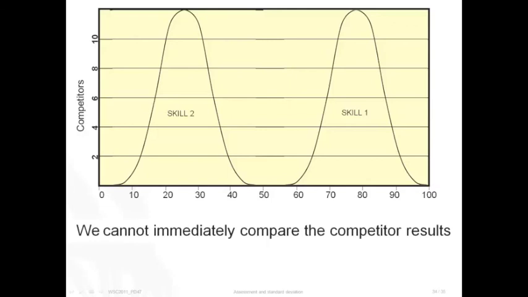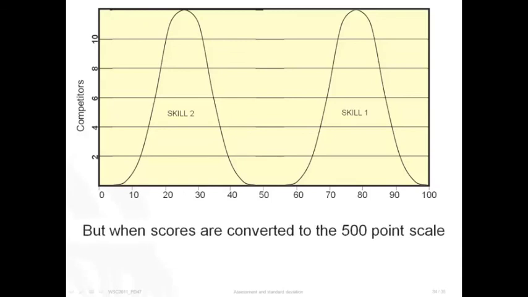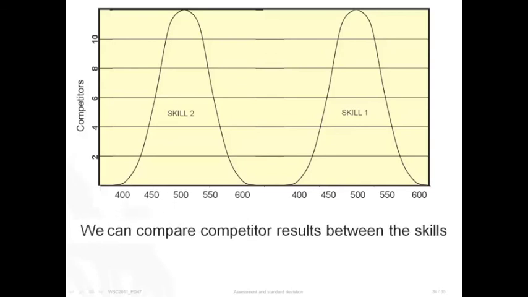Is the average competitor in Skill 1 better than the average competitor in Skill 2? No, they are not. They are both average and should have the same score. But when the scores are converted to the 500-point scale, now we can compare competitor results between the skills, and you can see that the competitors who were average now have the same score.